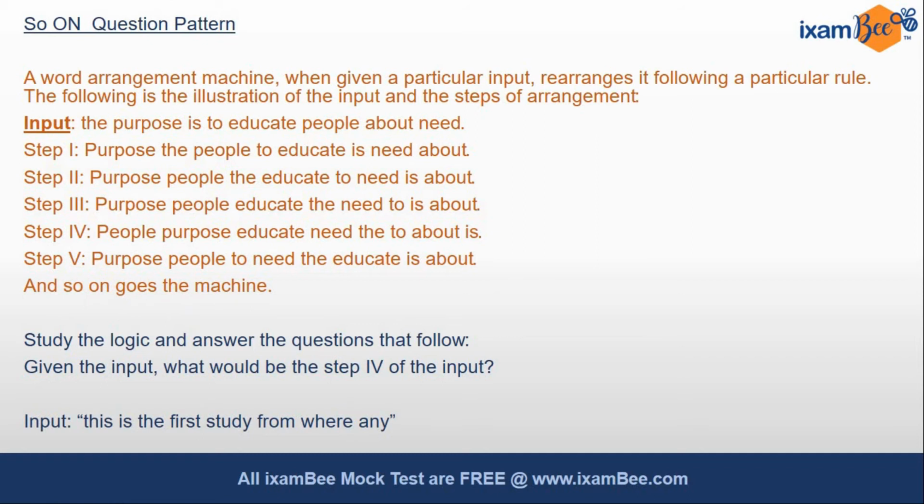So the first thing in so on pattern you have to do is to number all the words which are in the input. So here we'll number 1, 2, 3, 4, 5, 6, 7. Friends, in the exam you will have to write down each and every step in your copy, and I would suggest you just write the short form like the would be D, purpose would be PU, is would be I, T, edu, like this, so that you can save your time there.